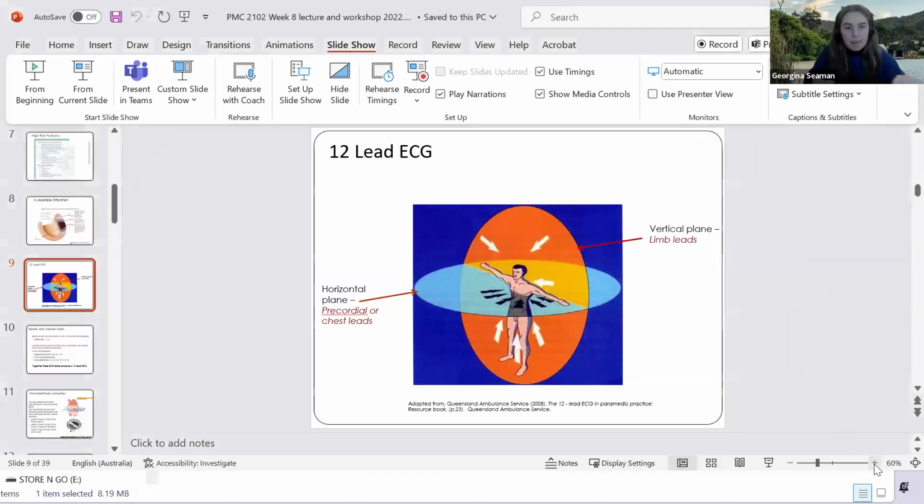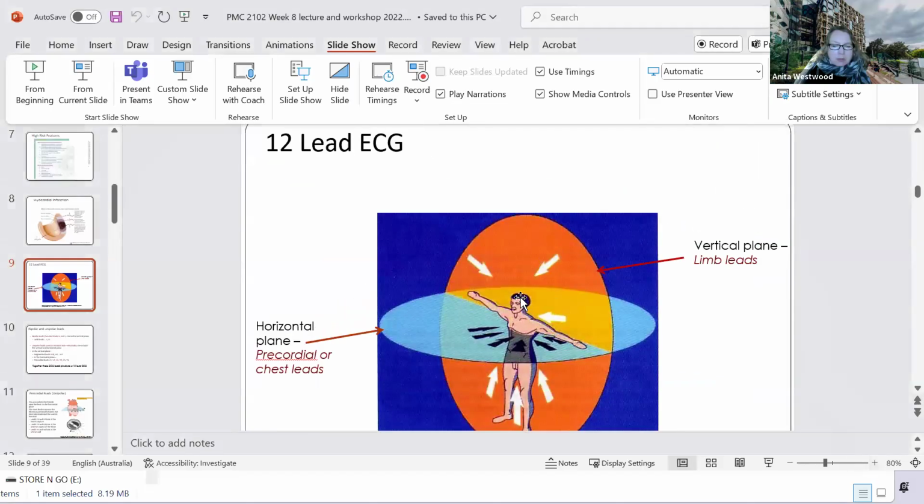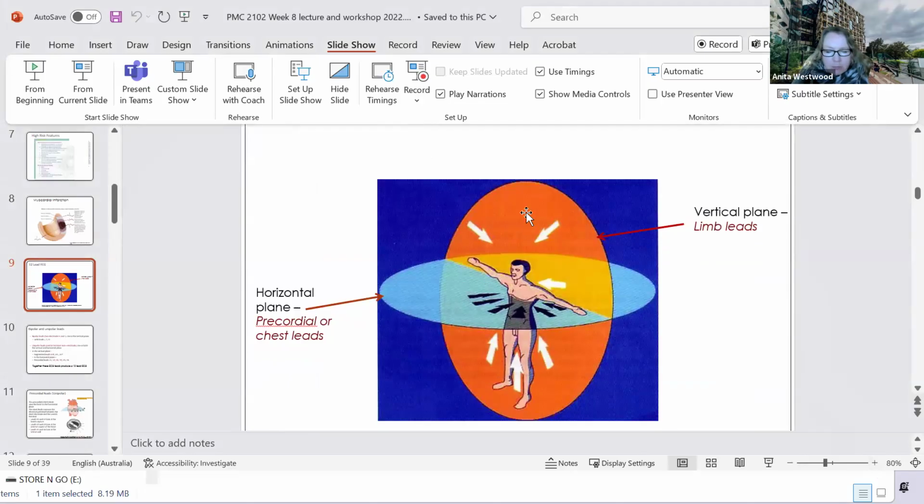Yeah. Okay, all right. So if we're looking at this 12 lead, we've got two planes that we're looking at. We've got a horizontal plane, this circle going around, and a vertical plane moving up and down. We know that the heart sits in here in the center, right? We've got our limb leads and our augmented leads in this orange plane, the vertical plane.